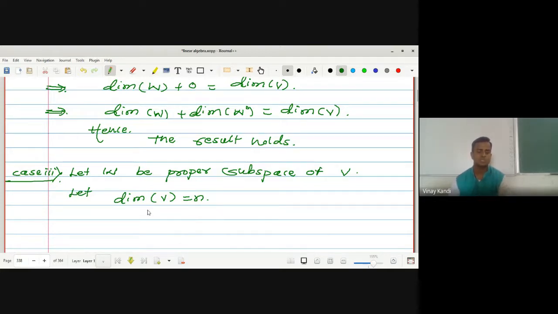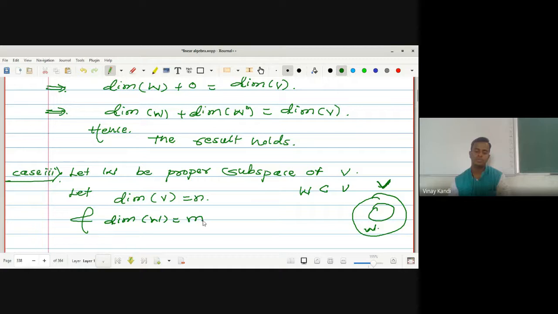Suppose the dimension is n, and W is the proper subspace of V with dimension of W equal to m. Then, since W is a proper subspace of V, we have 0 less than m less than n. Is it correct?